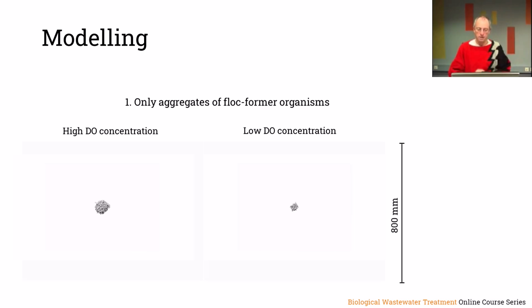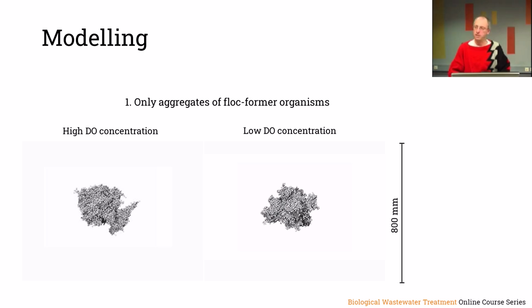Now if you do that, and you take only flock-forming bacteria, so no filamentous bacteria in the system, then we see that at a low DO concentration the flock grows slower. It takes longer to grow because bacteria grow slower. But also, on average, the structure is more porous and more open than at the high dissolved oxygen concentration.